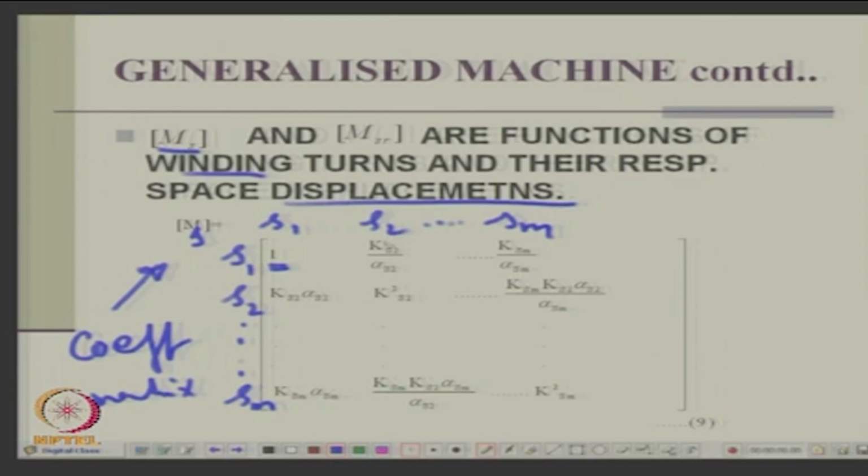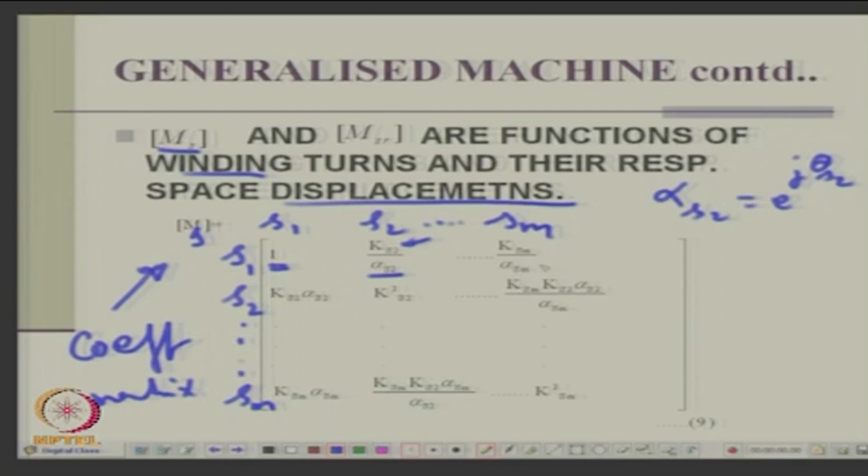Then S1, S2, it will induce a voltage, we have already seen, which will be Ks2 times, is it not, but it will not be at the same time, it will also be phase displaced by alpha S2, where alpha S2 is e to the power of j theta S2. The forward field will induce a voltage which will be delayed in the second winding.